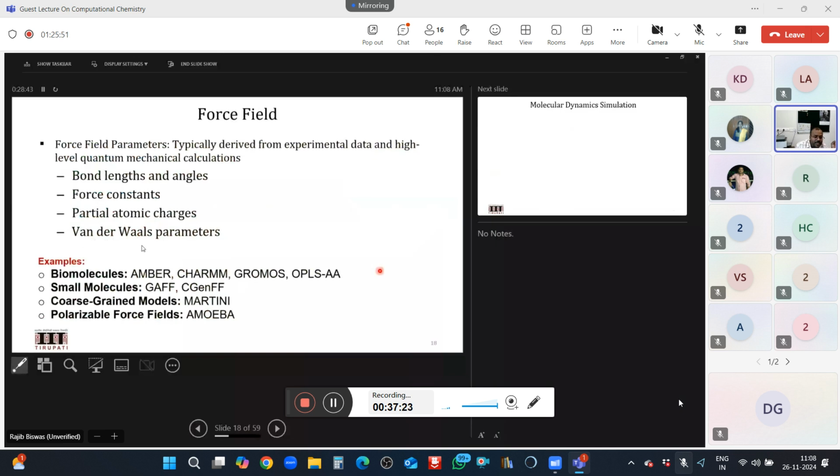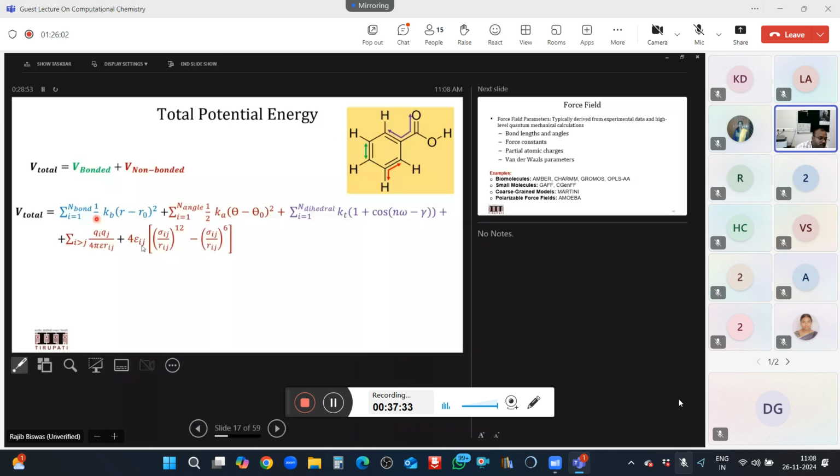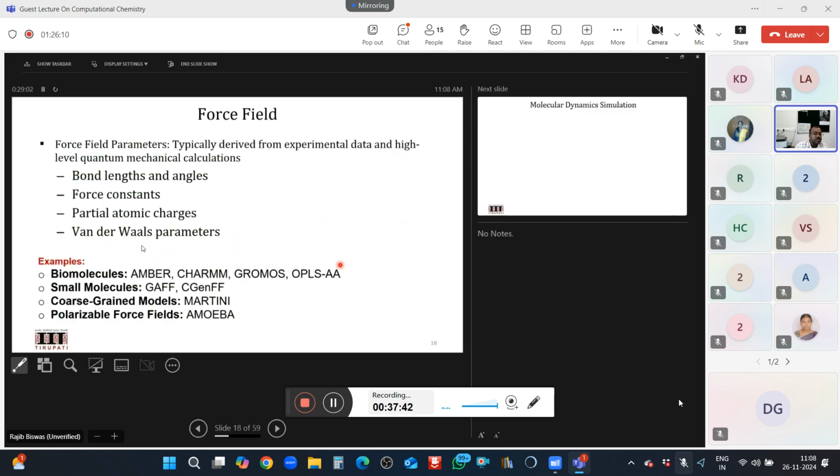From experimental data, and on top of that some high level quantum mechanical calculations, we can find out the value for KB, R naught, theta naught, and all those things. So a table which consists of all these constant values is known as force field parameters.